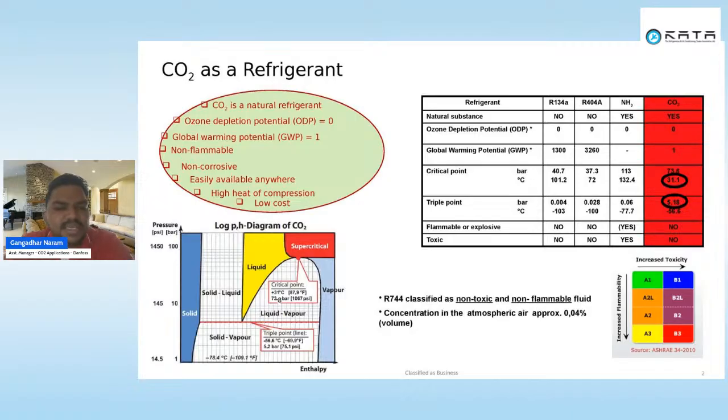But if you look at CO2, the critical point itself is 31 degrees centigrade. For example, if you take Indian atmospheric, tropical conditions, the ambient temperature itself is on average 30 to 35 degrees centigrade.